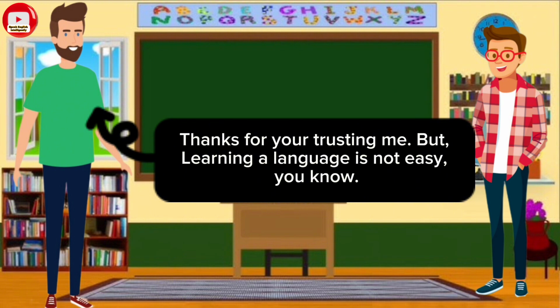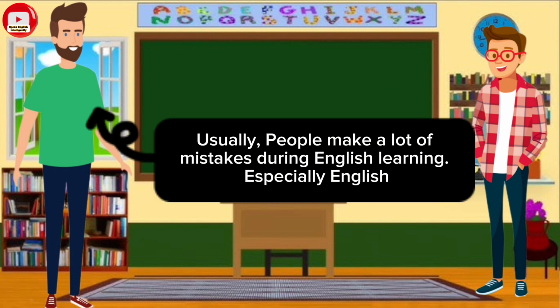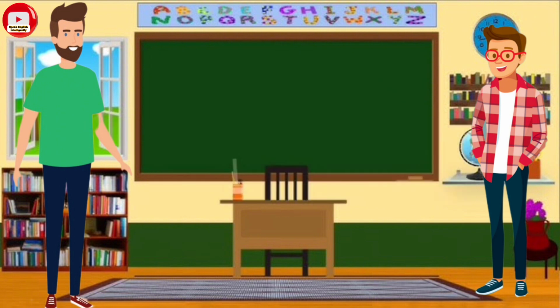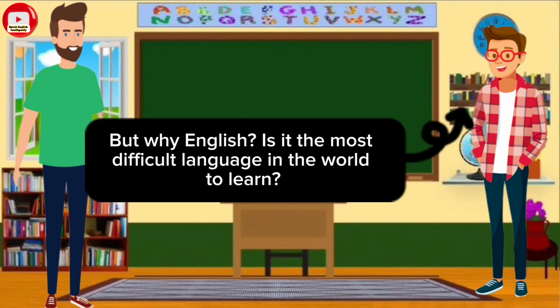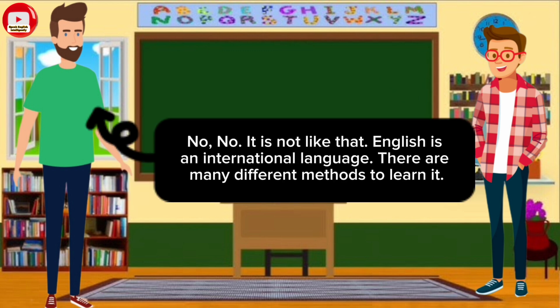But learning a language is not easy, you know. Usually, people make a lot of mistakes during English learning. But why English? Is it the most difficult language in the world to learn? No, it is not like that.